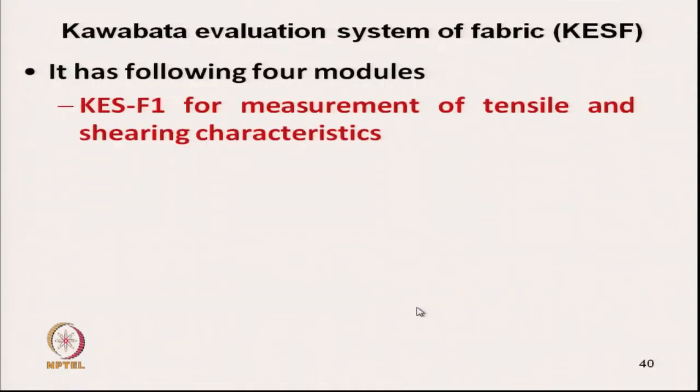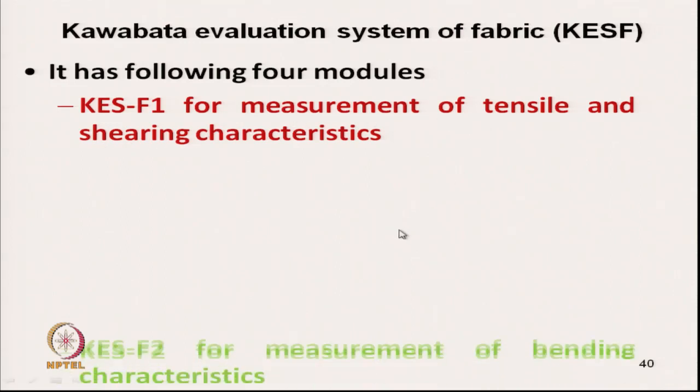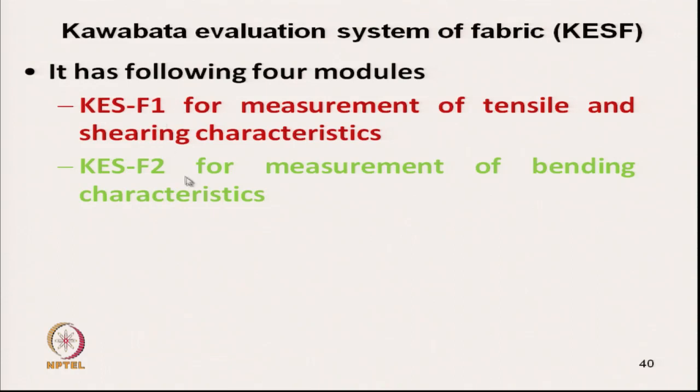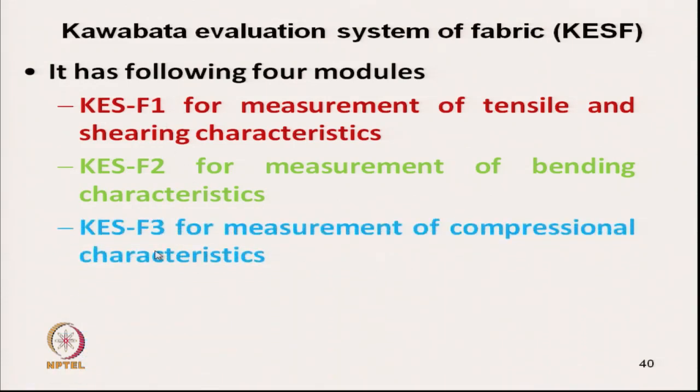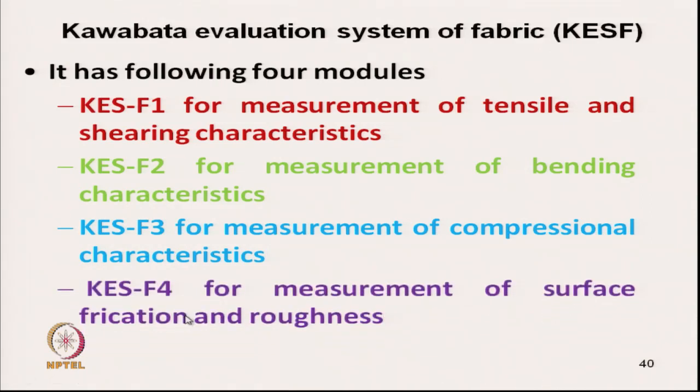There are 4 modules in the Kawabata system: KES-F1 or FB1 for measurement of tensile and shear characteristics, module 2 for measuring the bending characteristics, module 3 which measures the compressional characteristics, and module 4 which measures the surface roughness and friction characteristics.